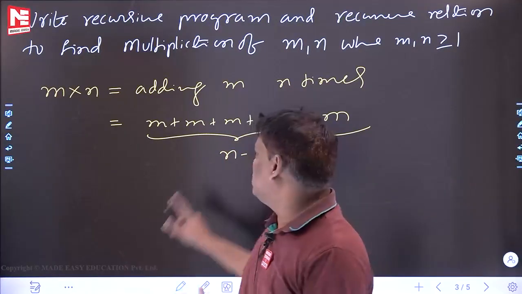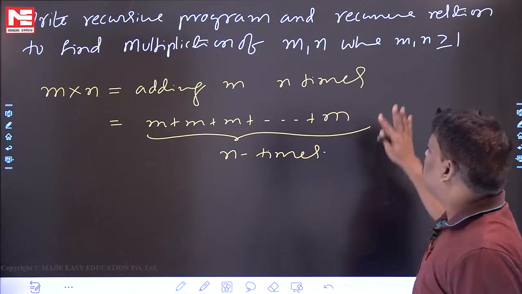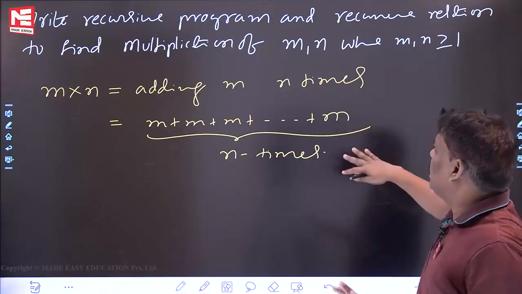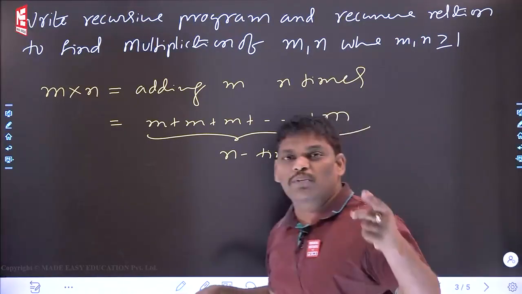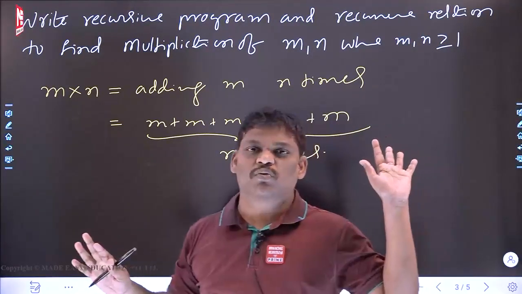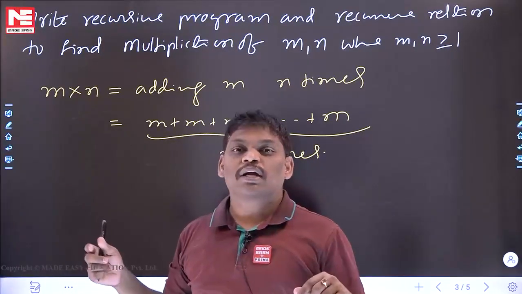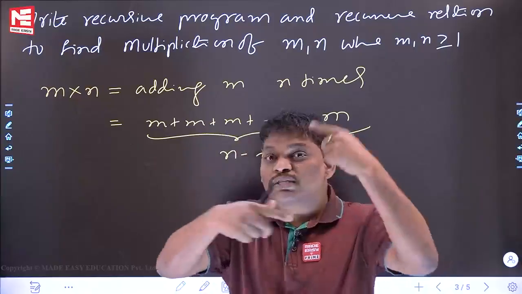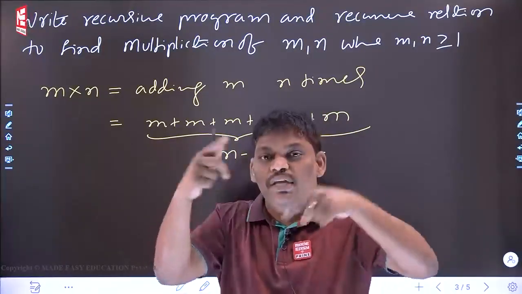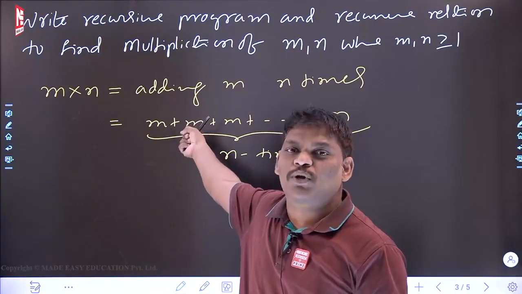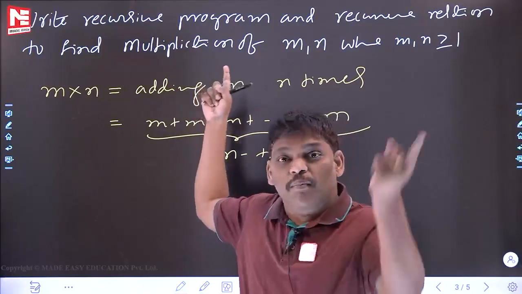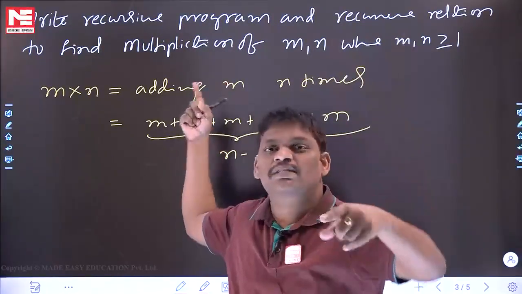Please be careful. To write the recursive program, you have to find out what logic you are going to implement. Many logics may be there. And one more thing: recursion means doing the same thing again and again. In this logic, what is the answer? M plus, the same thing I am doing.